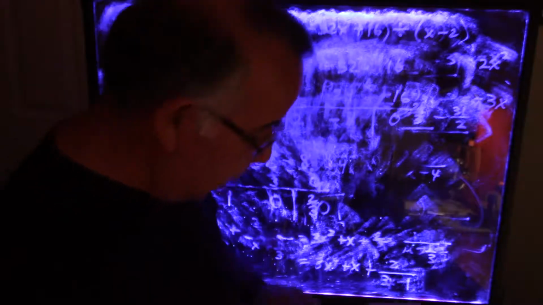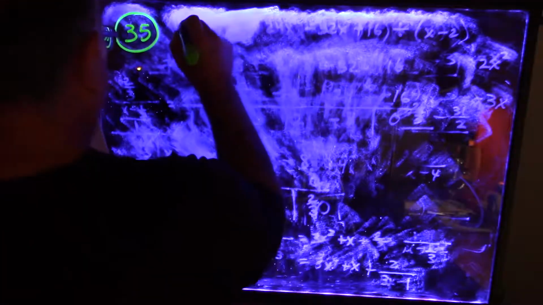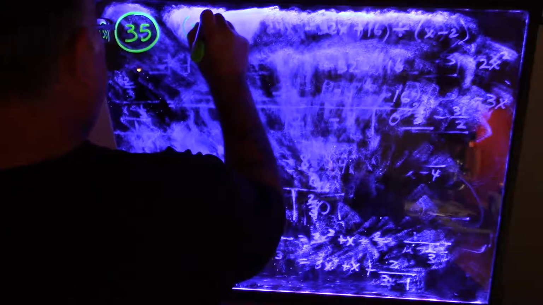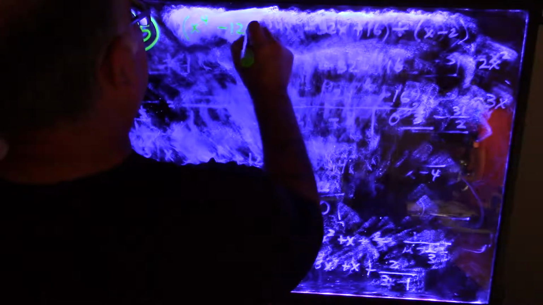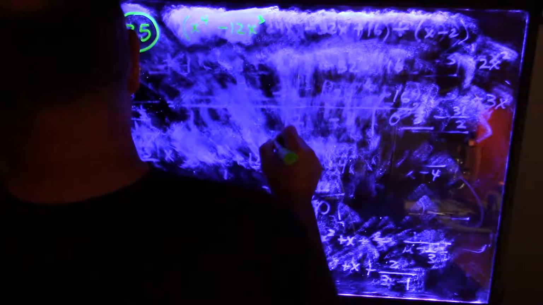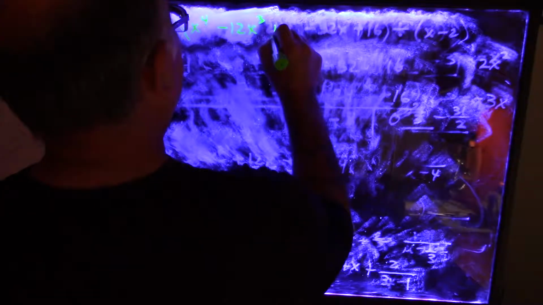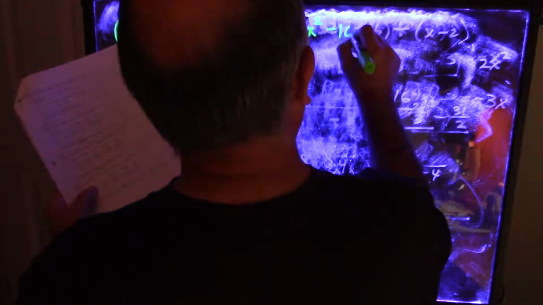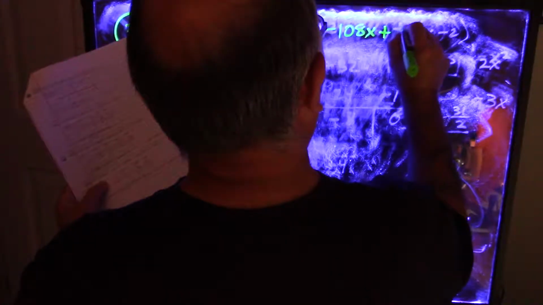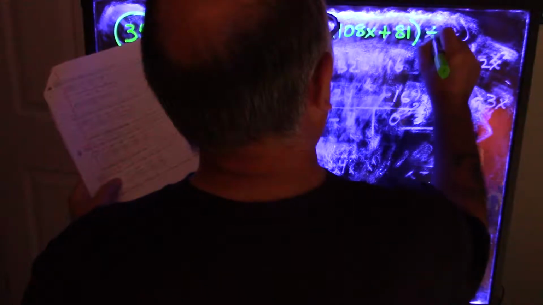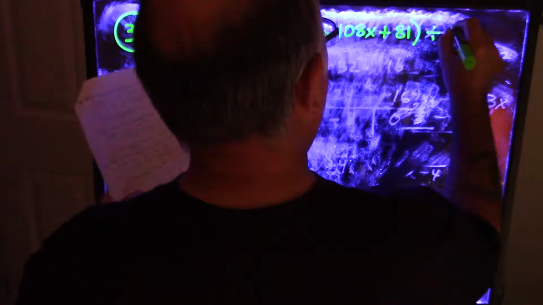Number 35. So we've got x to the fourth minus 12x cubed plus 54x squared minus 108x plus 81, divided by x minus 3.